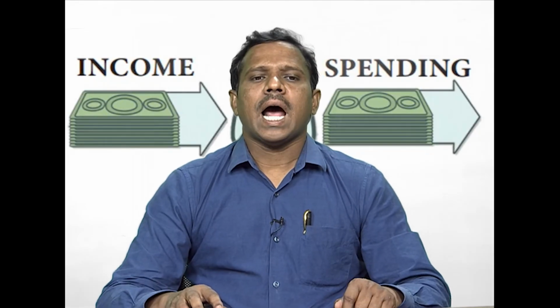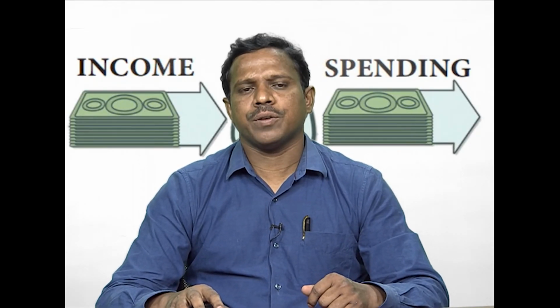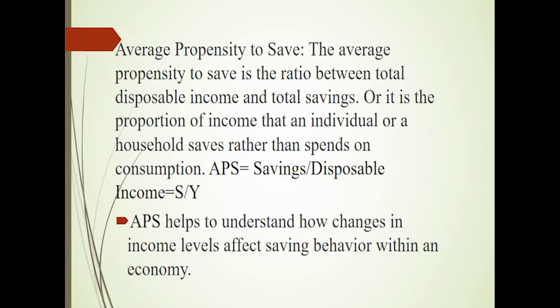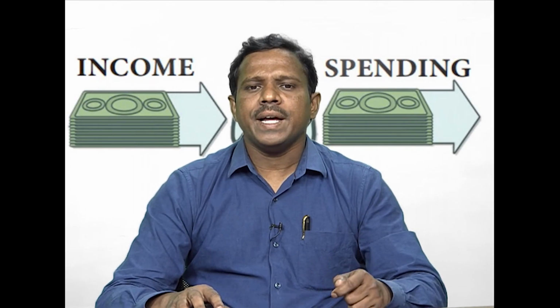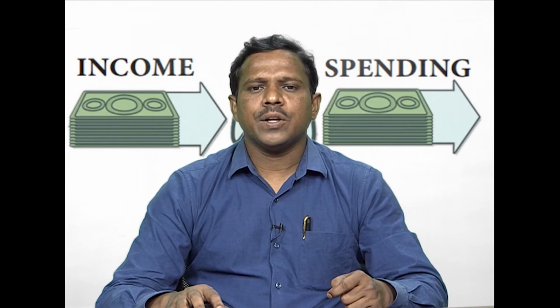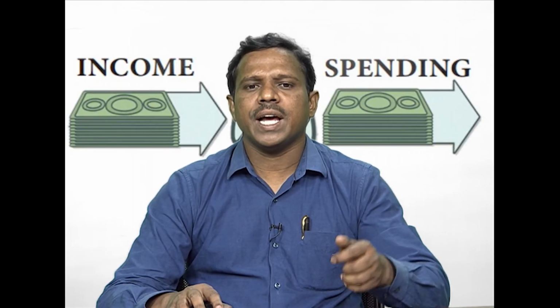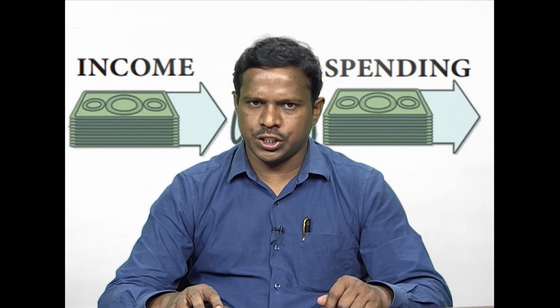Then coming to the average propensity to save. The average propensity to save is the ratio between the total savings and the disposable income. We call it the average propensity to save. Here we can also say that it is the proportion of income that individuals or households are going to save rather than spend on consumption.